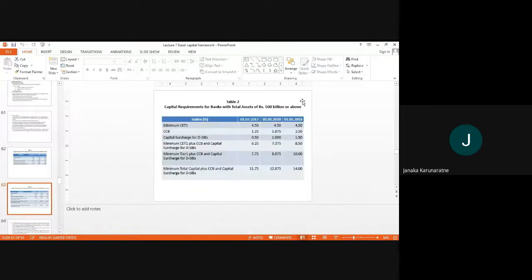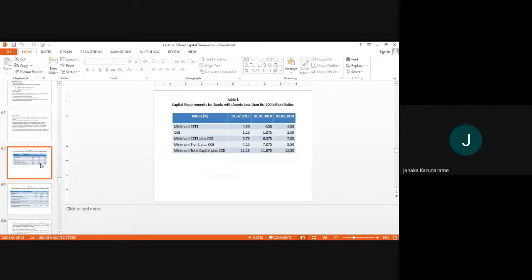Can you see this slide? Yes, sir. So you see here the minimum CET1, CCB, and D-SIB charge for the large banks, and so the ratio is different.